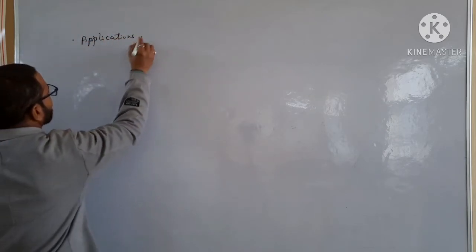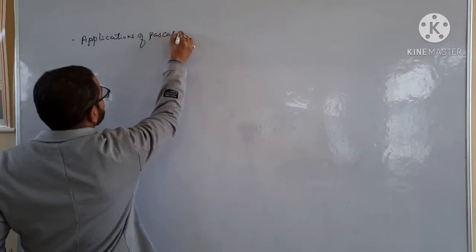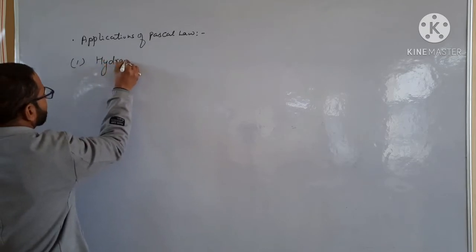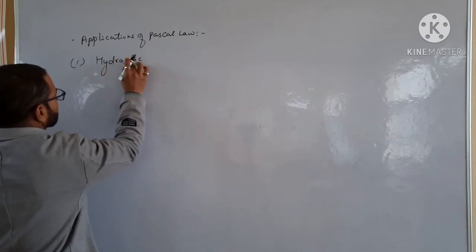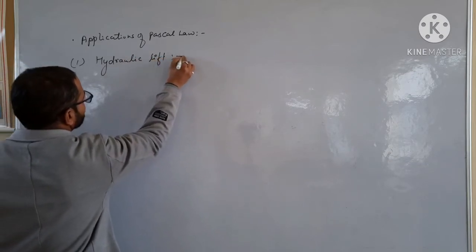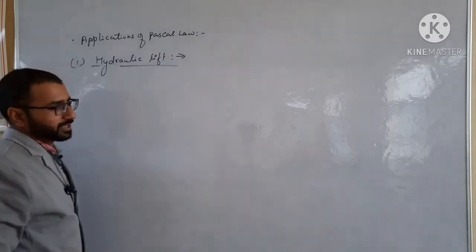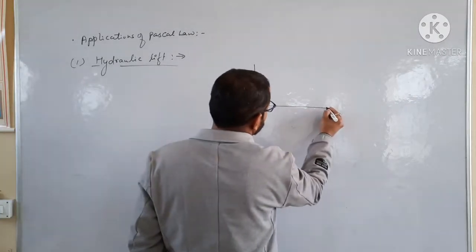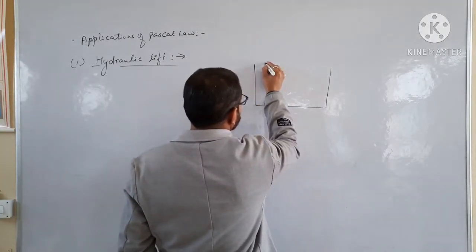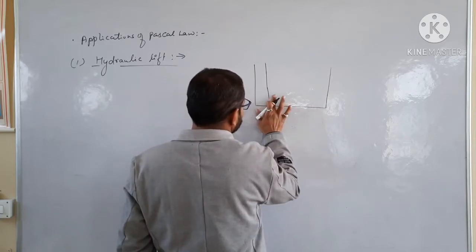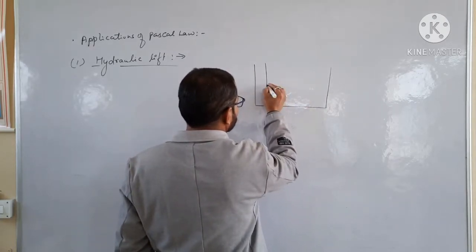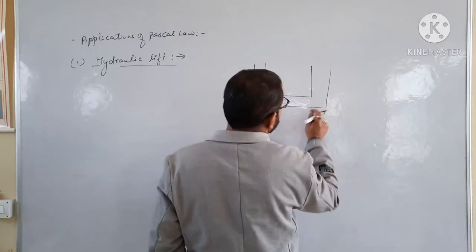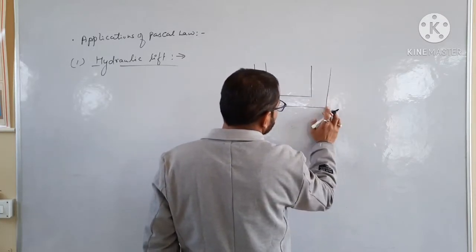The first application is the hydraulic lift. After that we will discuss the hydraulic brake. So in case of the hydraulic lift, you can see the diagram. We have a U-shaped pipe having different cross section areas. One surface is enlarged.